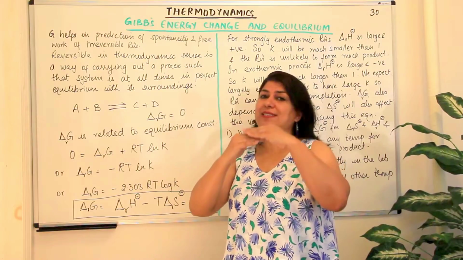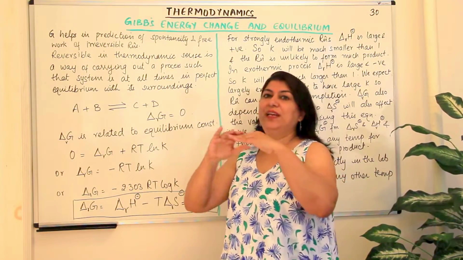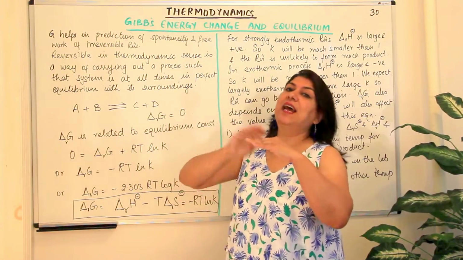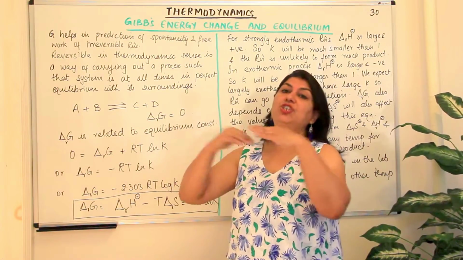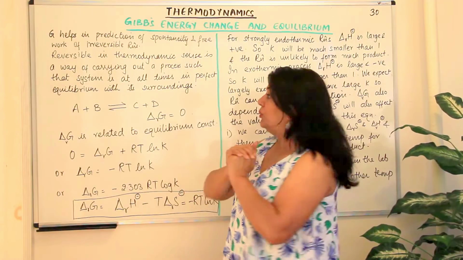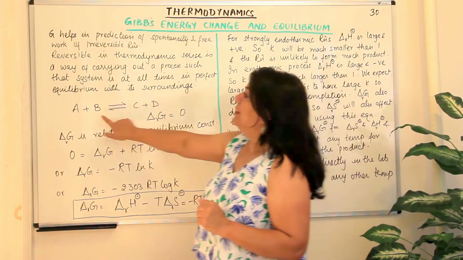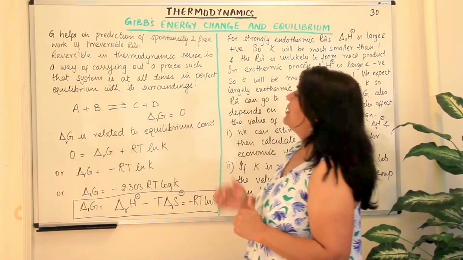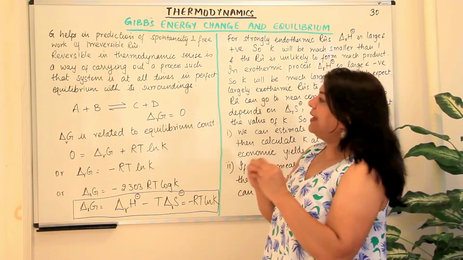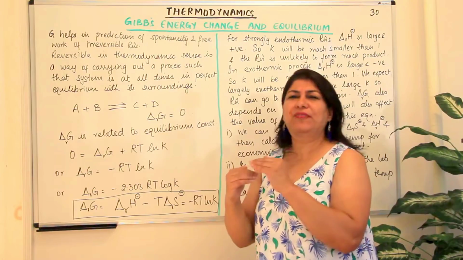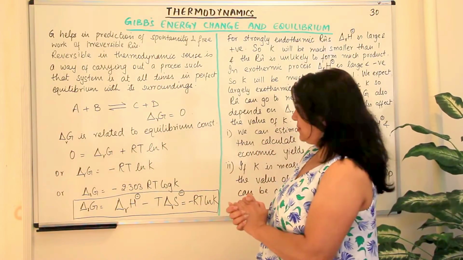Therefore, you have a feeling that it is constantly at the same temperature as the surroundings, or the energy change between them appears to be zero. Therefore, reversible in thermodynamic sense is a way of carrying out a process in such a way that the system is at all times in perfect equilibrium with its surroundings.